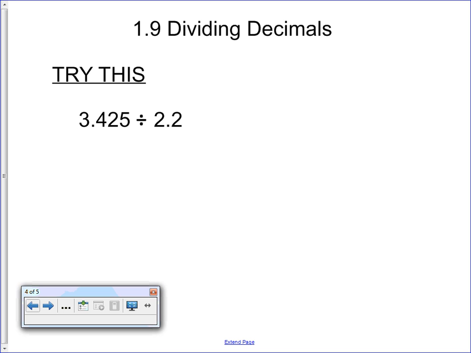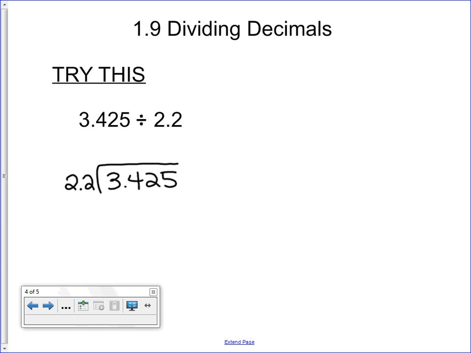Okay. When we set this problem up, we originally have 3.425 being divided by 2.2. And hopefully you remember to make that 2.2 into a whole number.